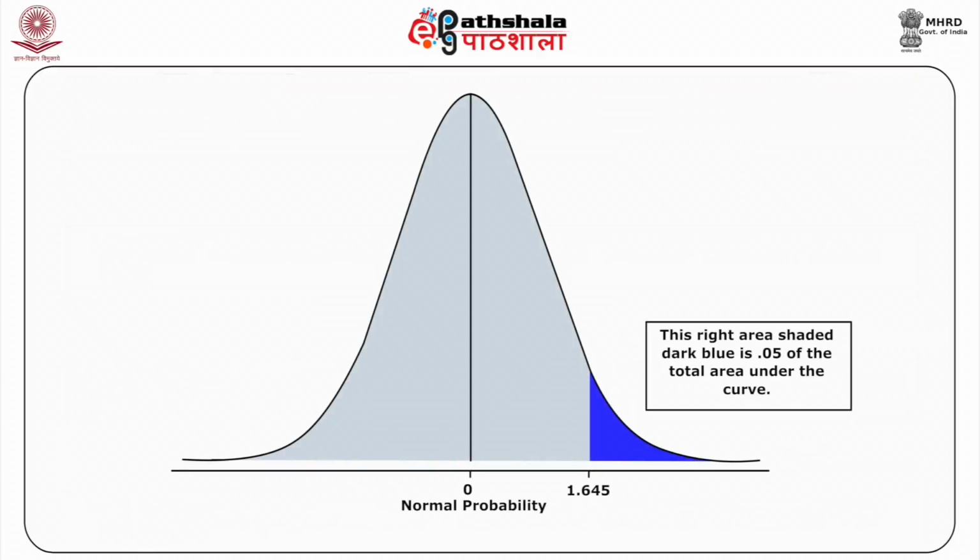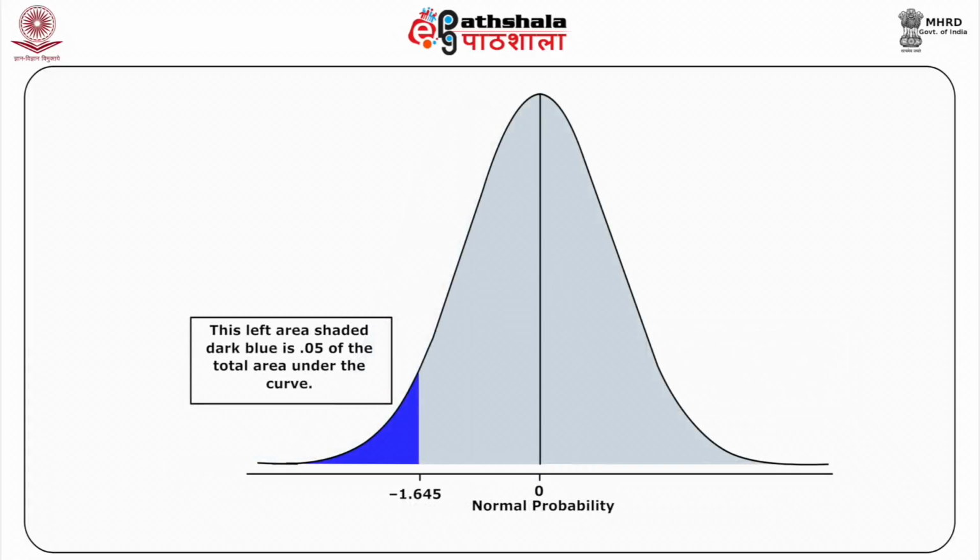We can have a look at figure 1, which shows a sampling distribution of H0, that is the null hypothesis, which shows the region of rejection for a one-tailed z-test. One-tailed z-test means the alternative hypotheses are directional here.